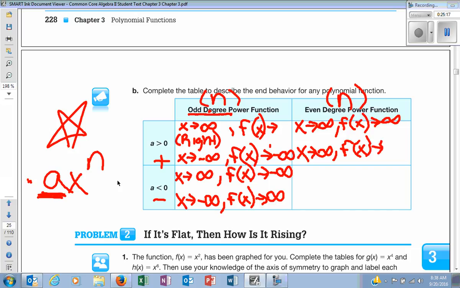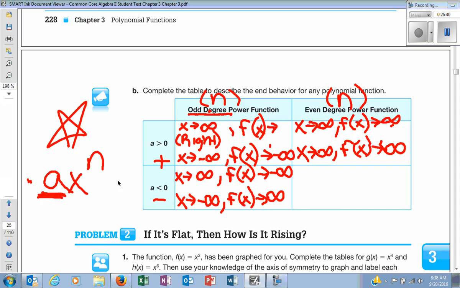What did I just tell you about odds? One goes up, one goes down. What did I just tell you about evens? If it starts up, what does it do? So if it's on the right side, it goes up. What about my left side? It also has to go up.